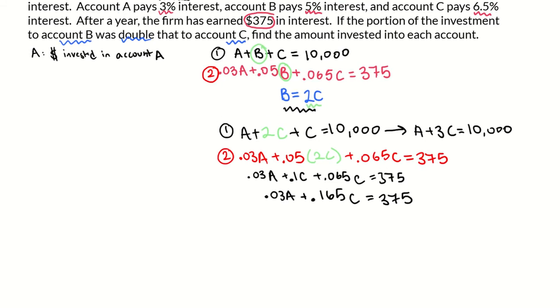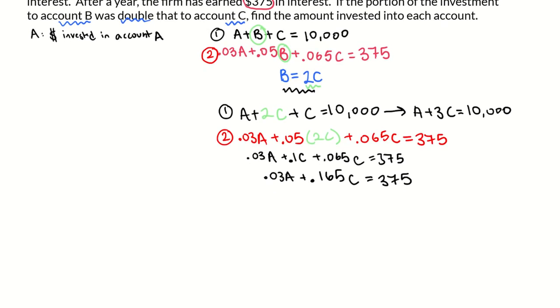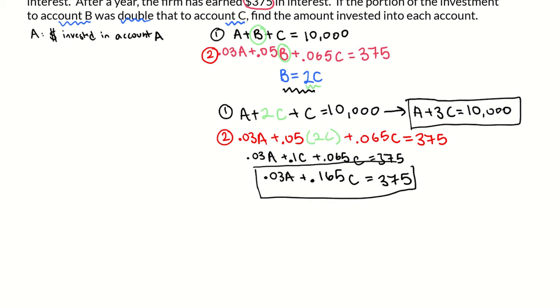So just using that simple substitution, we now have 2 equations and 2 unknowns. We have this equation, A plus 3C equals 10,000, and then we have this equation, 0.03A plus 0.165C equals 375. And we can solve those 2 equations using substitution or elimination in order to solve for one of the variables.